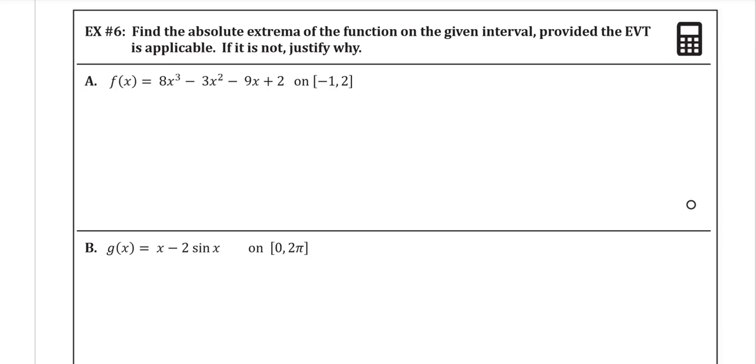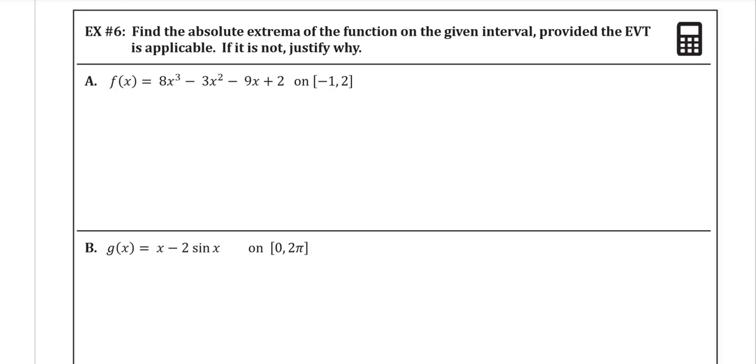Well, it is definitely applicable in letter A because we have a polynomial. So it is definitely continuous on that interval. All right, so what we need to do is find the value at the endpoints.